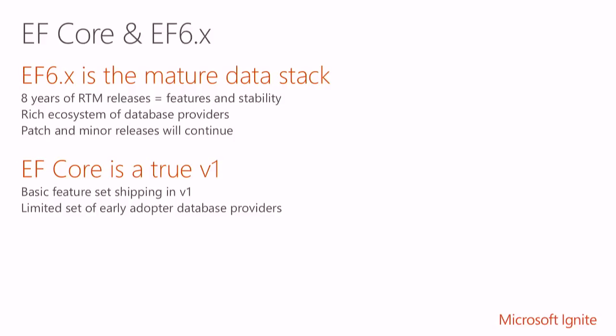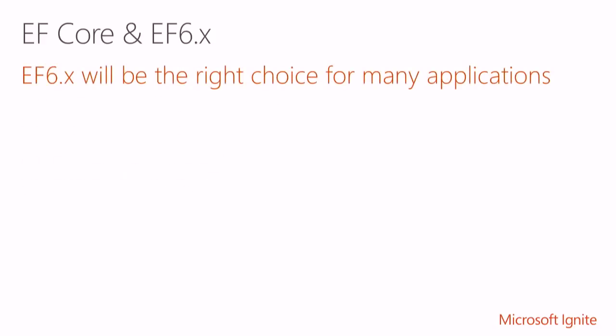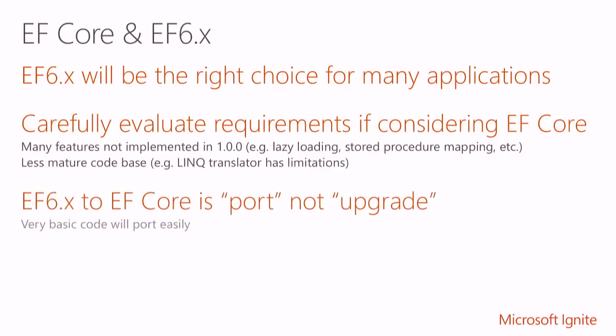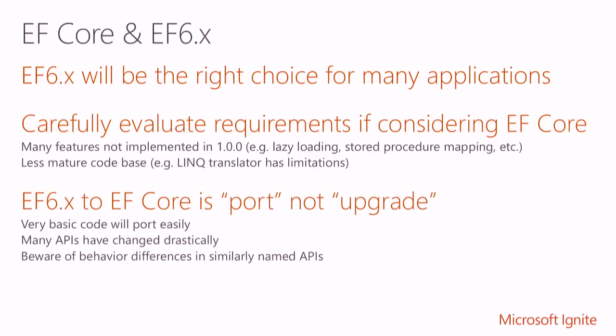So how I see this working is to think of EF Core as something that you would be porting to, not upgrading to, right? That's what I believe as well. So how do you do porting and stuff like that? It's really simple. There is a bunch of documentation that we have written on GitHub as well as in the Microsoft documentation.